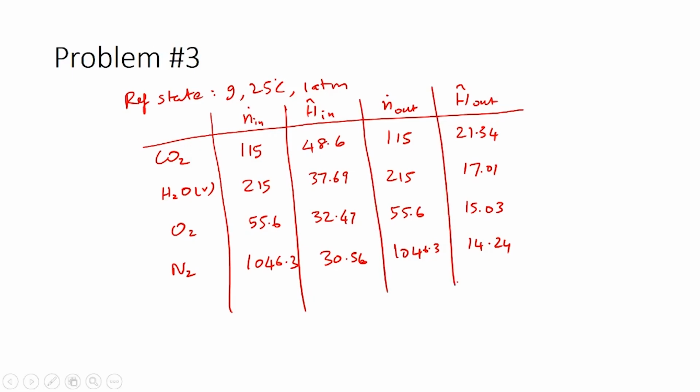Now that we have the enthalpy table completed, we can perform the energy balance calculations for this open system. Your Q dot is equal to delta H dot, because there are no moving parts in a waste heat boiler, so shaft work goes to 0 and kinetic and potential energy changes are also 0.